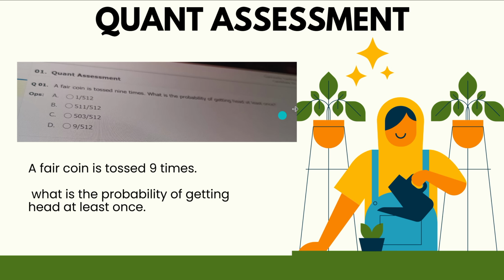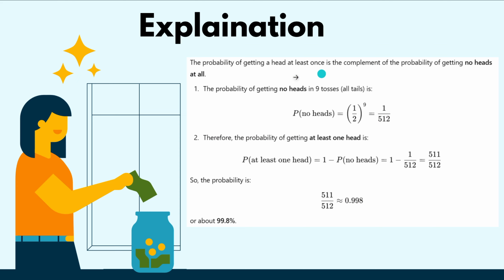The probability of getting a head at least once is the complement of the probability of getting no heads at all. If you are going to calculate at least one head, first consider calculating no heads at all.